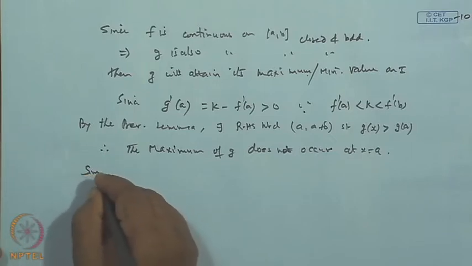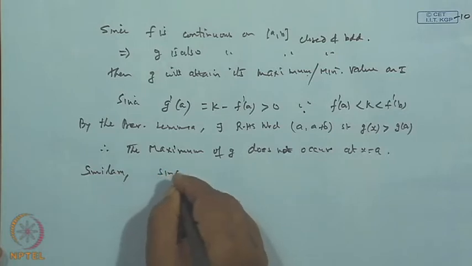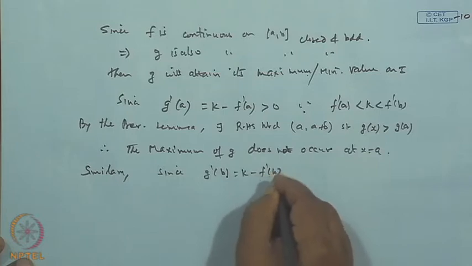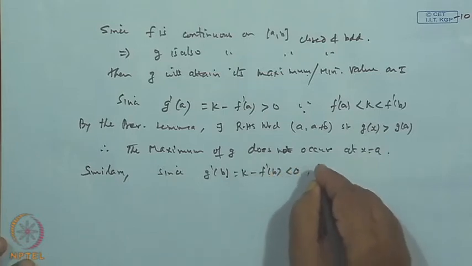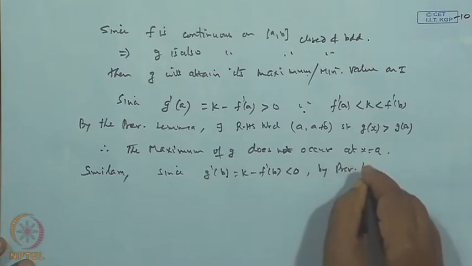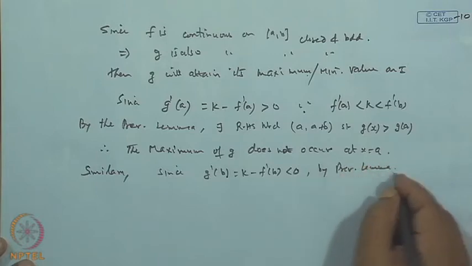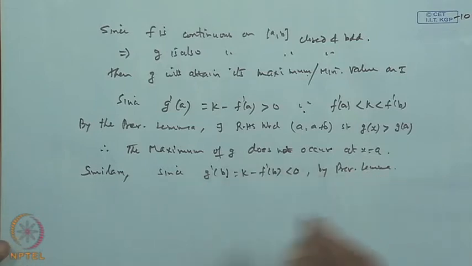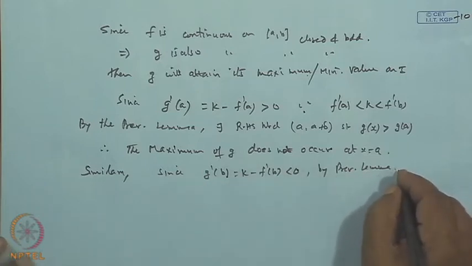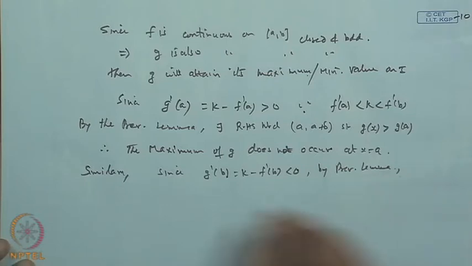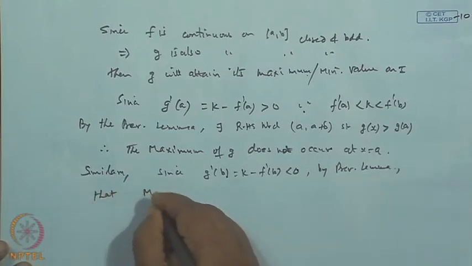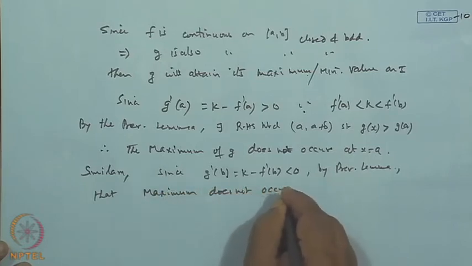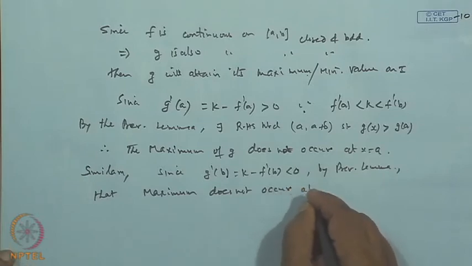Similarly, since g prime of b, which is k minus f prime b, is negative, again by the previous lemma there is a left-hand side neighborhood where the value is greater than this one. So again the maximum does not occur at x equal to b.